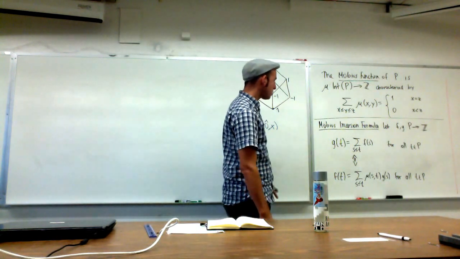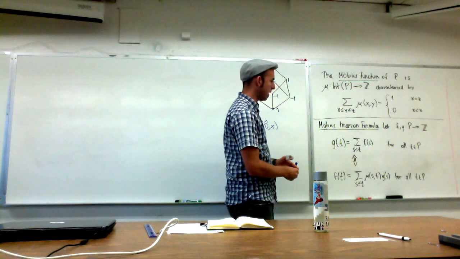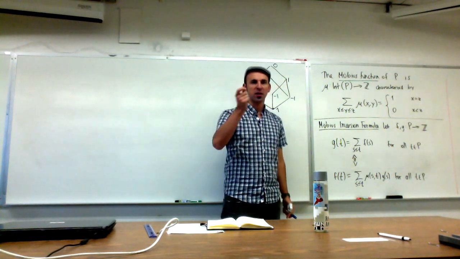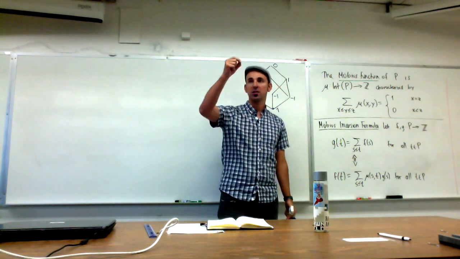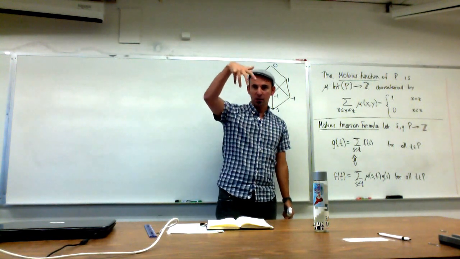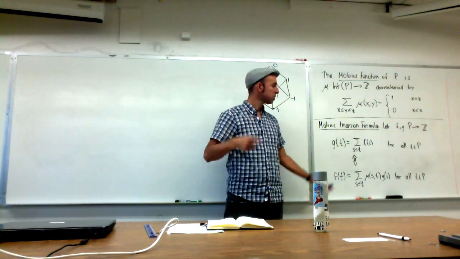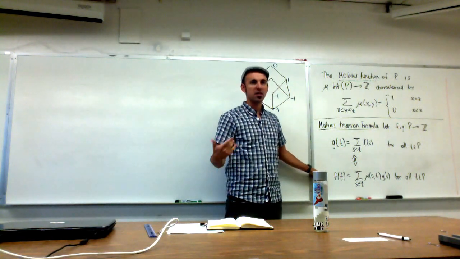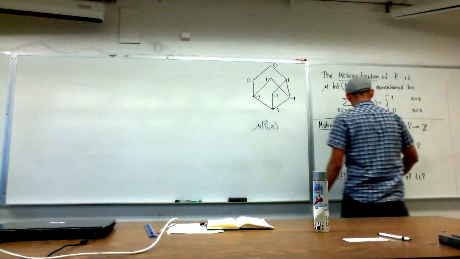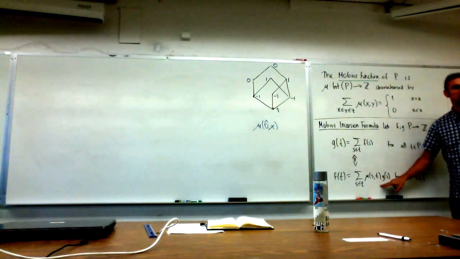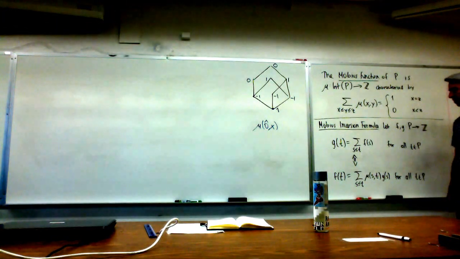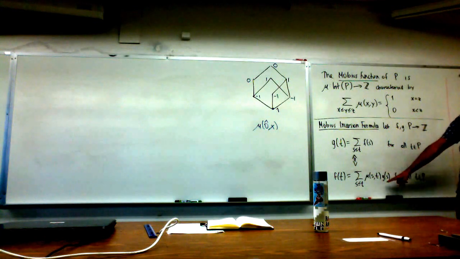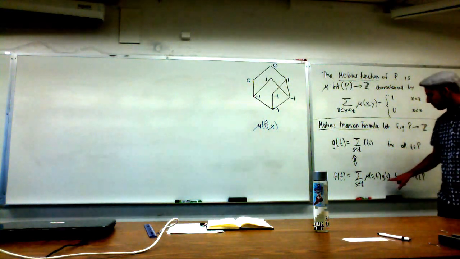And so the idea is that if your function g is obtained from your function f by saying g of t is looking at all the elements below t and adding their f values, then f can be obtained in the same way from g. The only difference is that you have to put the Moebius function in between. Okay? And so this gives you some kind of alternating sum expression for f in terms of g.